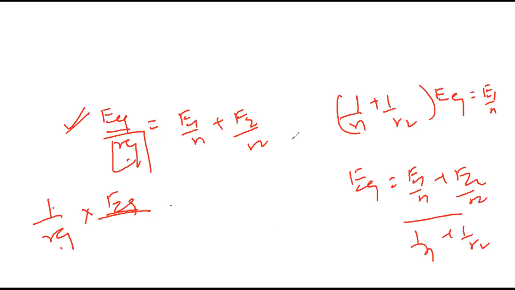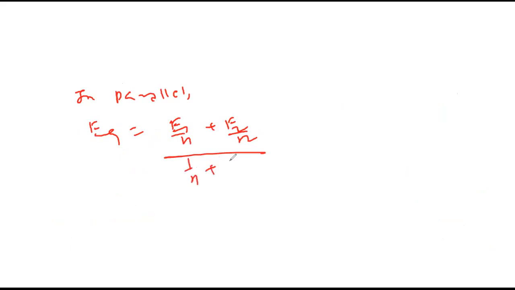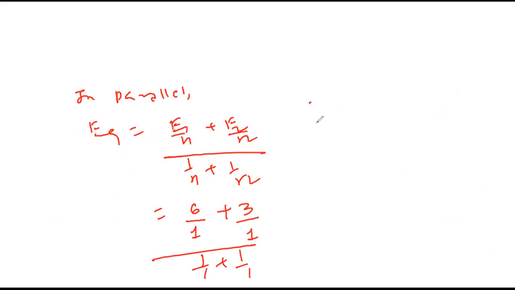Are you getting me what I did? Yes, sir. So in parallel, E equivalent can be written as E1 upon R1 plus E2 upon R2 divided by 1 upon R1 plus 1 upon R2. E1 is 6, R1 is 1, E2 is 3, R2 is 1. 6 plus 3, 9 upon 1 by 1 plus 1 by 1, which is 2 by 1.